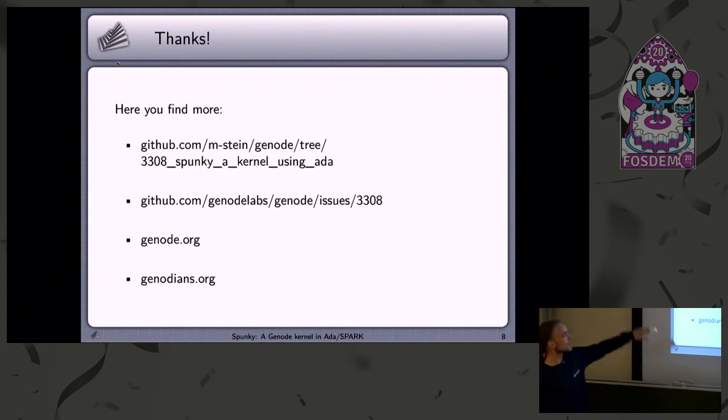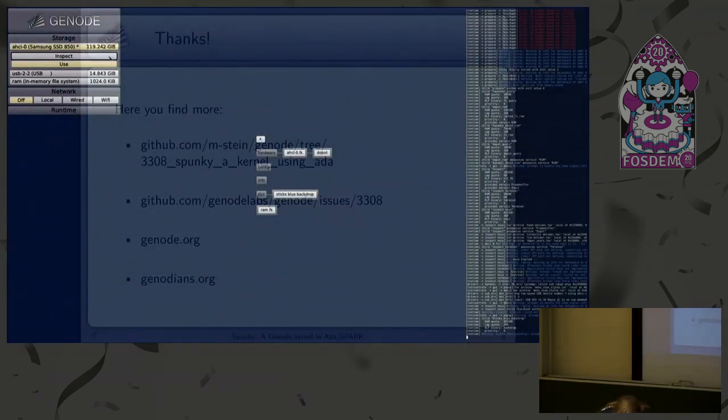You can try it out if you want, because actually I wanted to show this and forgot. If you want to watch the system, this is what I'm running on, it's Spunky itself. And you can see here that it's already pretty productive, I would say.